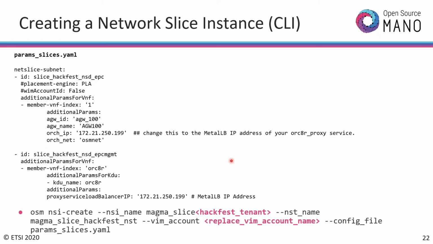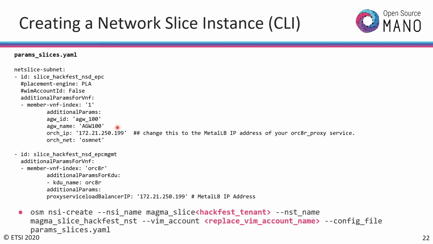Okay, so for this instantiation, we are going to use params-slice.yaml. We have an automated script that I will show you in the hands-on part. So please wait some minutes till we get there.